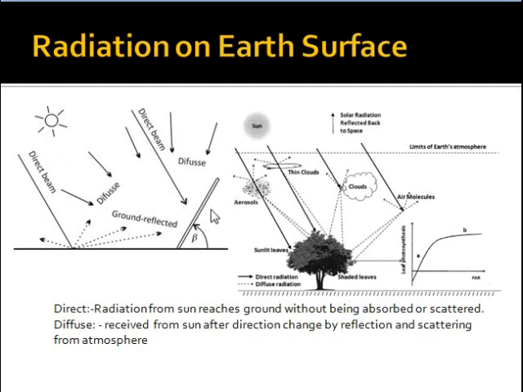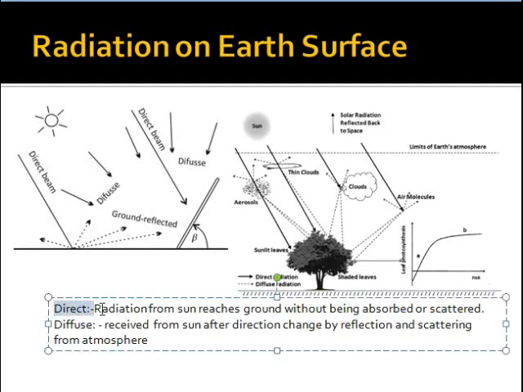Here we have a panel which extracts the solar energy, and we have a plant here which is just a simple example of receiving both the radiation, that is direct radiation and also diffused radiation.